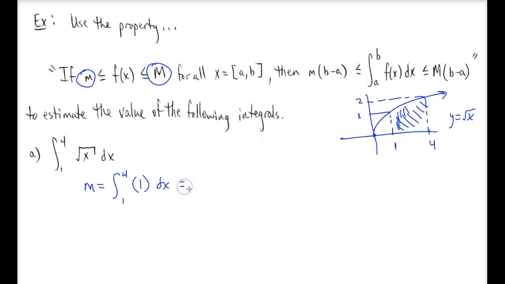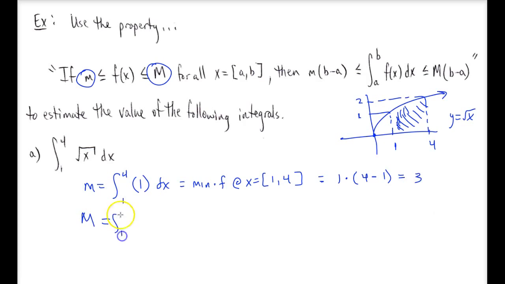Or we can put it another way: this is just going to mean the minimum value of f from 1 to 4. This will end up equaling that minimum value times the difference between 1 and 4, which will end up being 3.